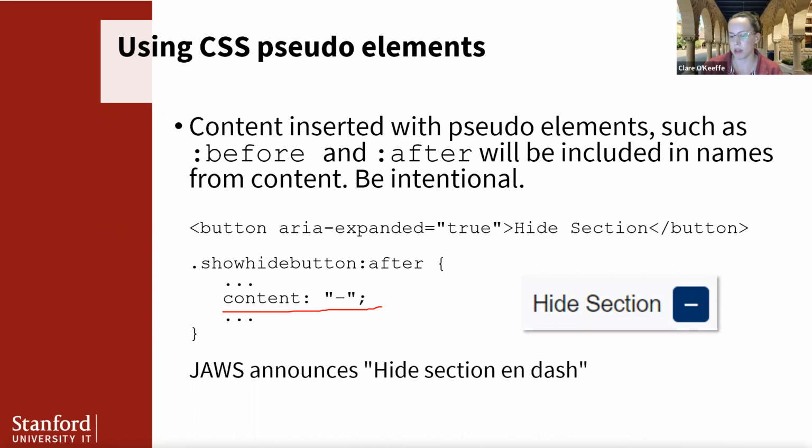A better way to do something like this would be to put it in a span that's then hidden with aria-hidden equals true, or you might use an SVG and then hide the SVG from assistive technology, again with aria-hidden. But be thoughtful about what you're injecting with CSS content because it is included in the name calculation.